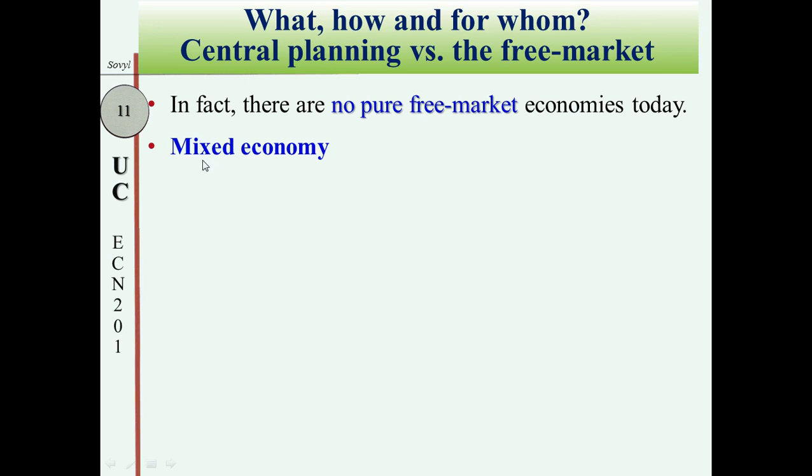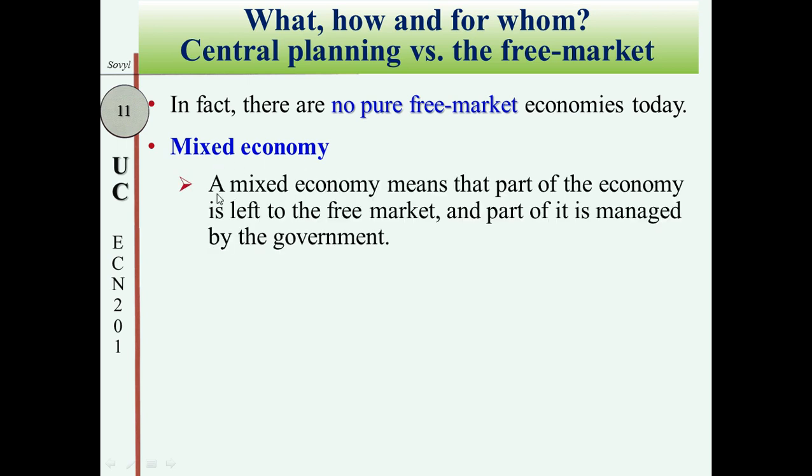That's why we have a mixed economic system, or mixed economy. A mixed economy means that some economic decisions are left to the free market, while some economic decisions are managed or made by government.